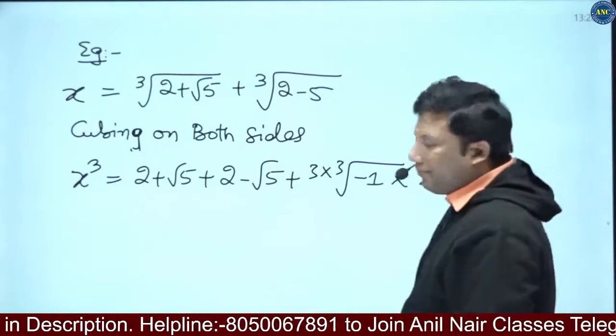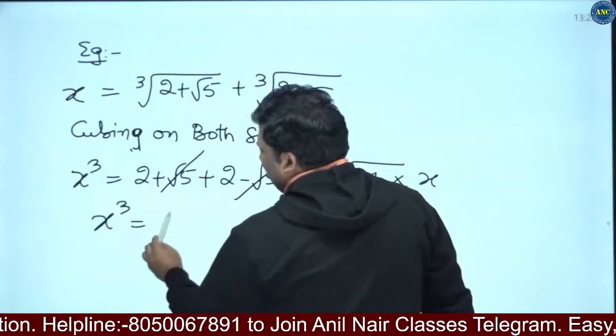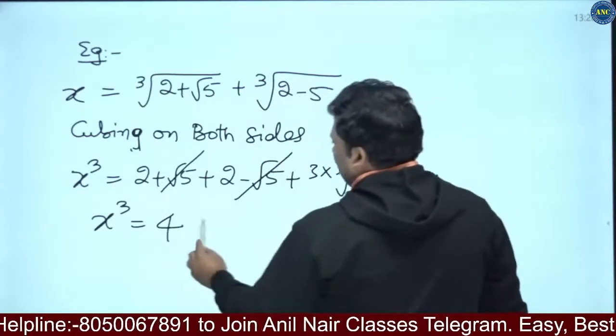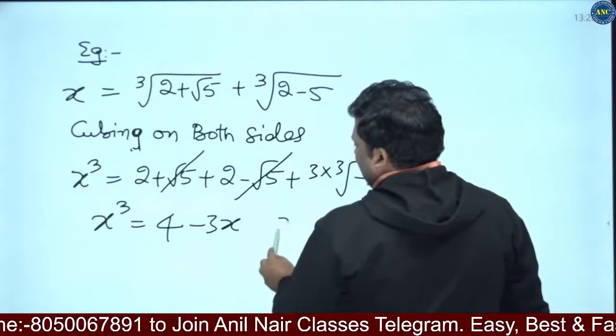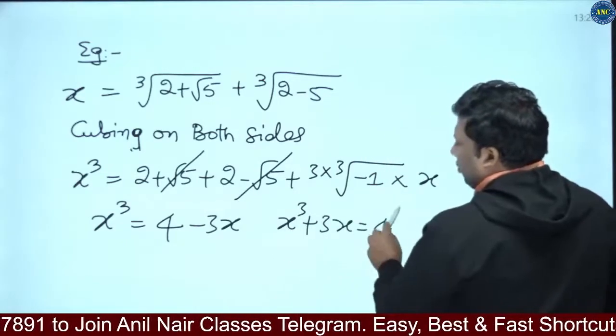Are you all with me? Root 5 and minus root 5 cancel. x cube equals 4 minus 3x, so x cube plus 3x equals 4.